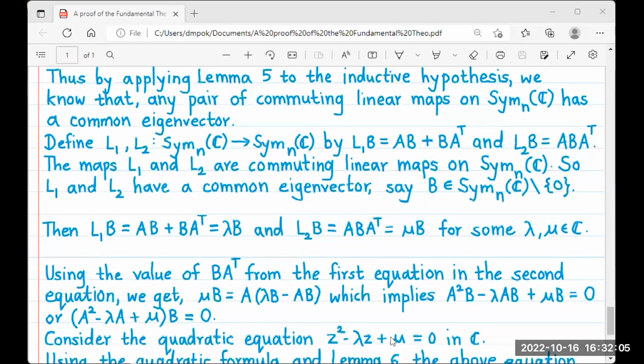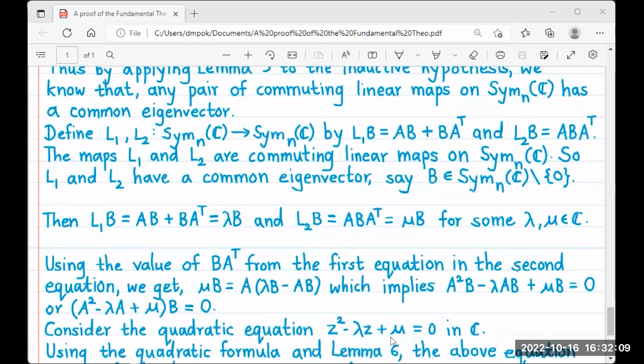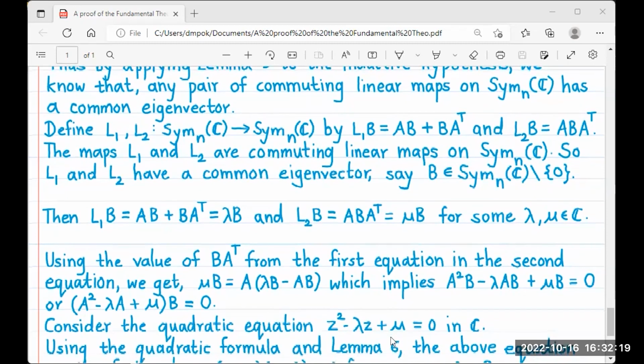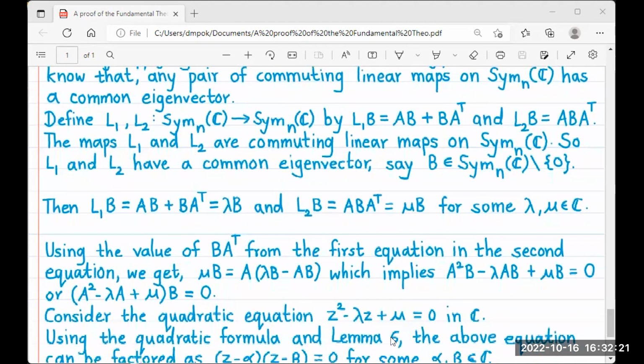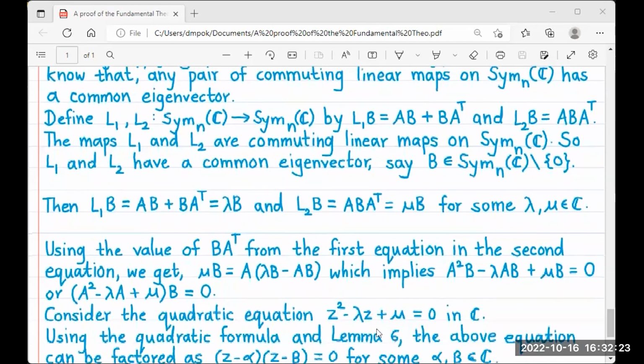And that formula involves the square root of a complex number. But by Lemma 6, we know that the square root of any complex number is again a complex number. So we will get complex roots to this quadratic equation, Z² − λZ + μ = 0.